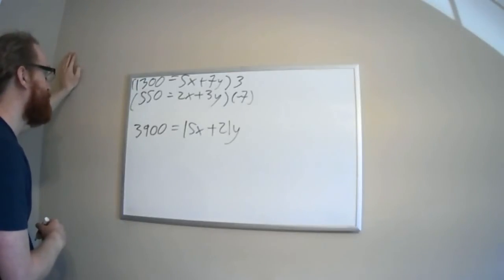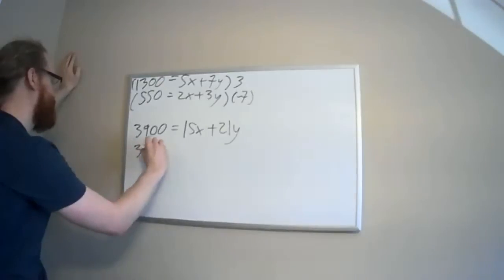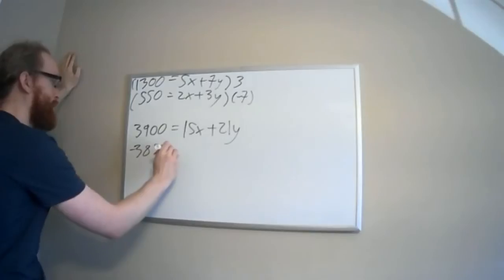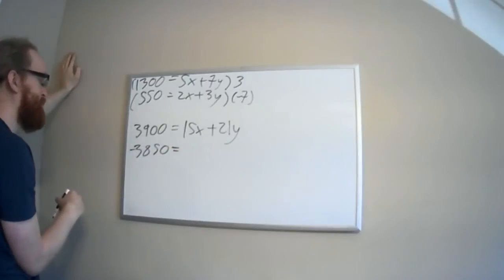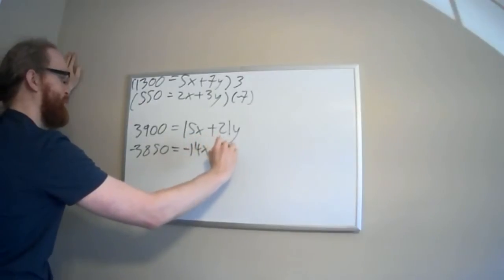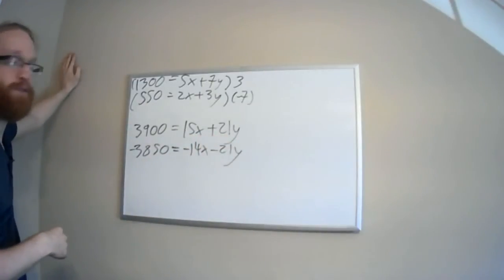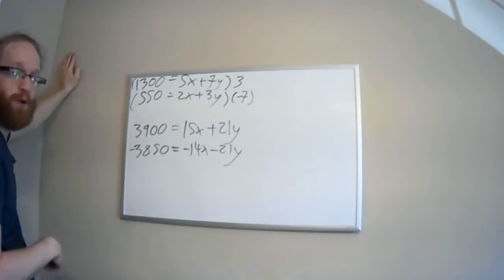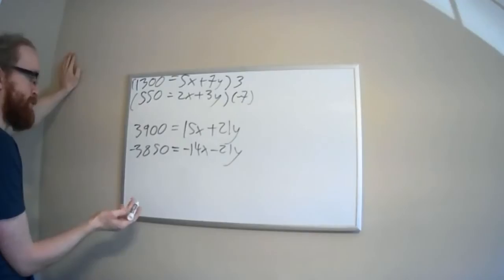So 3,500 plus 350, negative 3,850. You guys should double check if I did that right. Negative 3,850, negative 14x minus 21y. Multiply everything by negative 7. Okay. Assuming that I did that math correctly, these are our new equations.